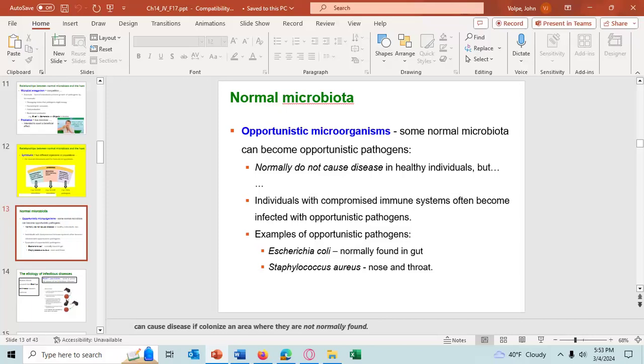Staphylococcus aureus is found in about 50% of Americans in their nose and throat. And in the nose and throat, Staphylococcus aureus does not usually cause disease. But if it's growing elsewhere, like on the skin, it can cause disease, like a skin boil.